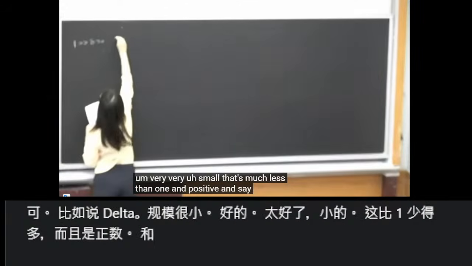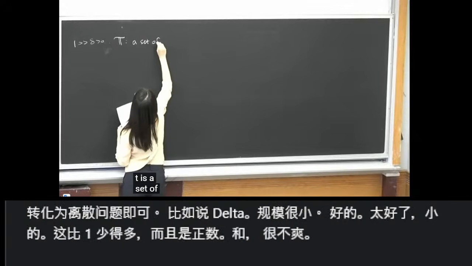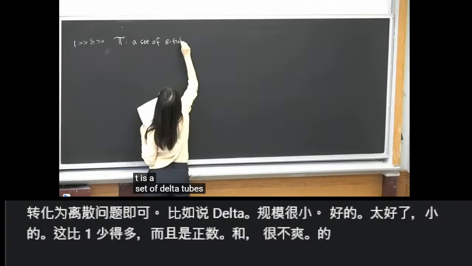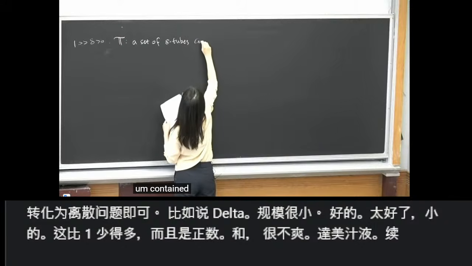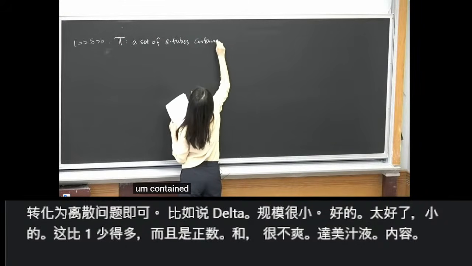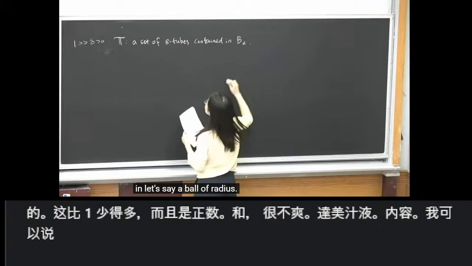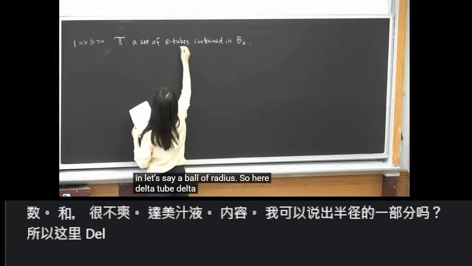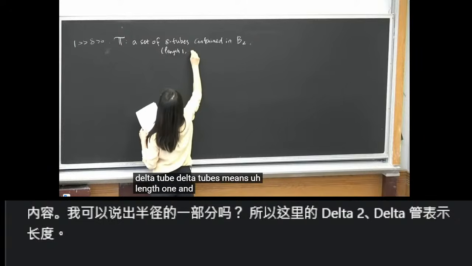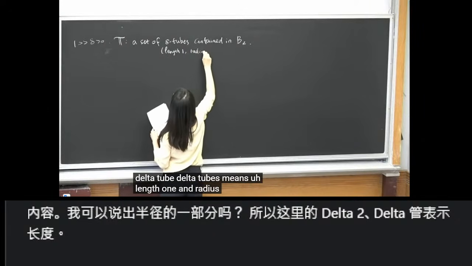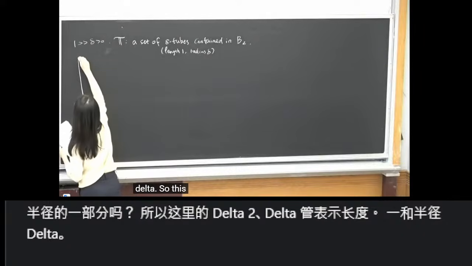And say T is a set of delta tubes contained in, let's say, a ball of radius 2. Here delta tubes means length 1 and radius delta.